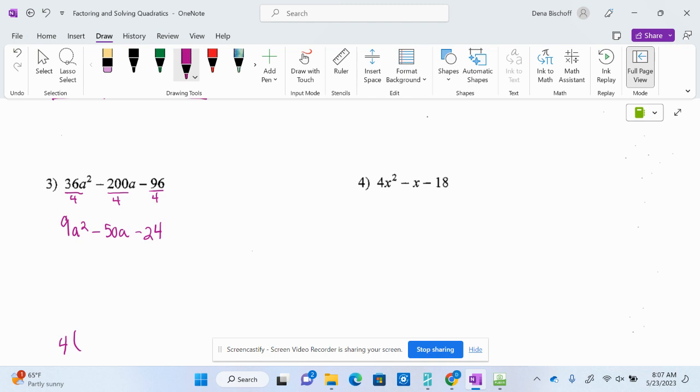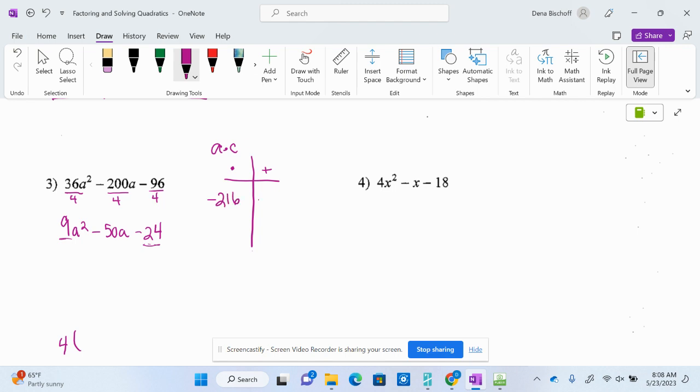So I need to think about what two numbers multiply together to equal, what is my first term times my last term? What is this term times this? A times C. Yes, negative 216.